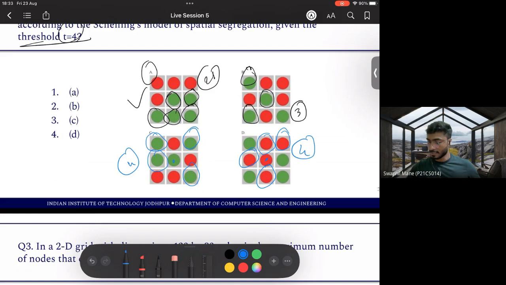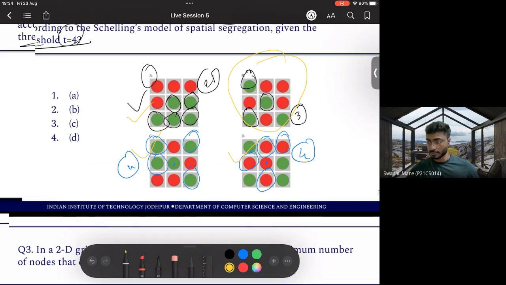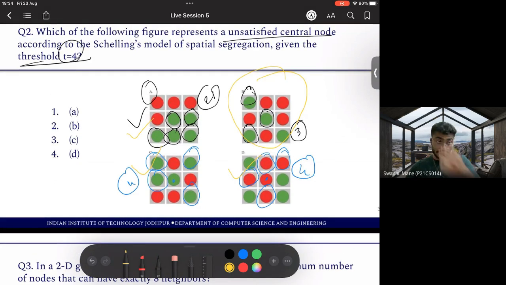So you can see this option is correct, this is also correct, and only this option is not satisfied, because the neighboring nodes have not met the threshold value, which must be equal to or greater than the threshold, that is t is equal to 4, right? I hope you understood the question. If you have any doubts, please let me know.